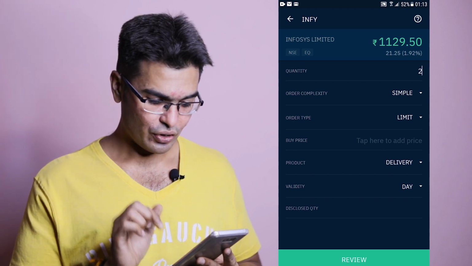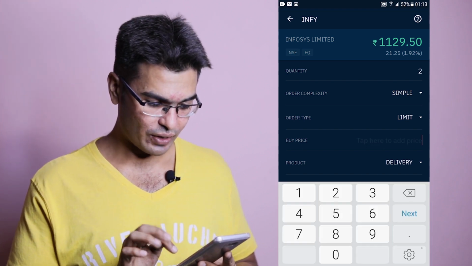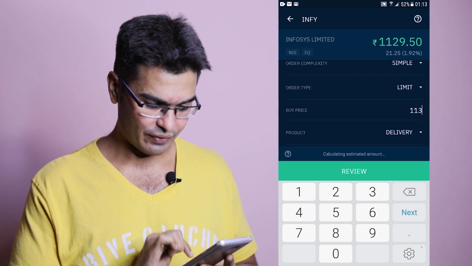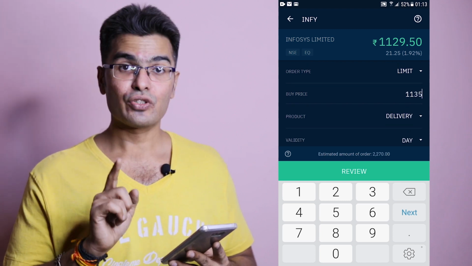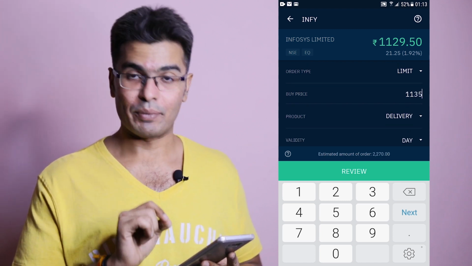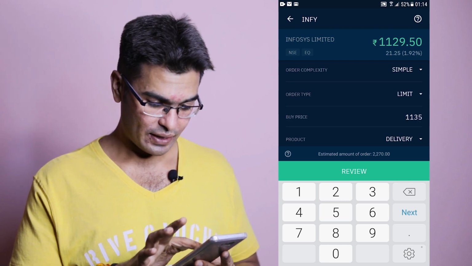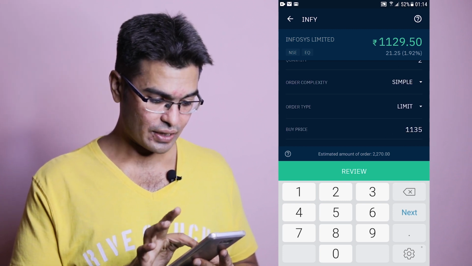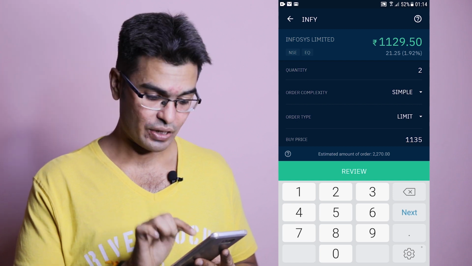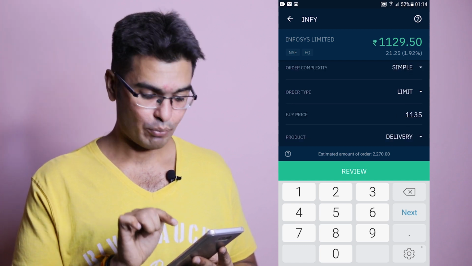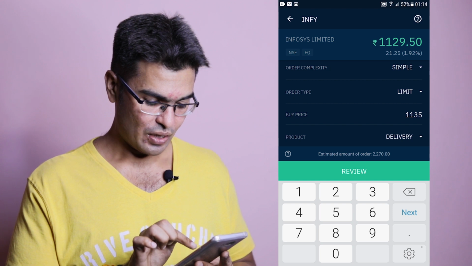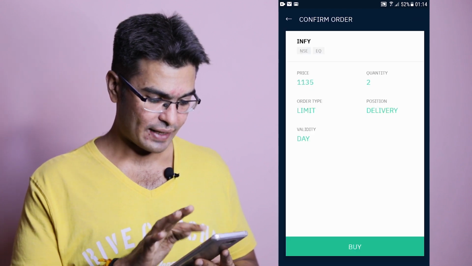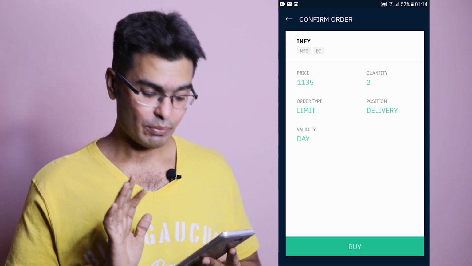If you want your trade to get executed at 1135, this is the price at which you want your buy to happen. So once you select the limit order, you need to enter the quantity, which is 2 in this case, and you need to enter the price at which you want to buy. You need to review this, and at this place you only need to click on the buy option.